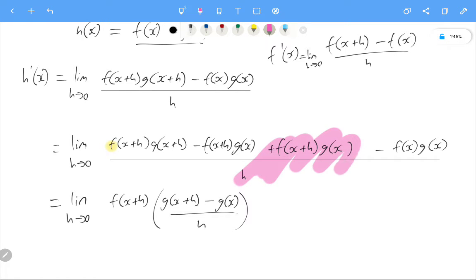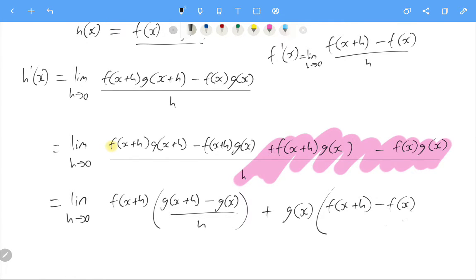Let's do it again, but now for the purple section, the pink section. So we're going to get plus, what's the common factor here? Well, we don't have a common factor of f of x plus h, we've actually got a common factor of g of x. So let's take out the common factor of g of x. What are we left with on the inside? f of x plus h minus f of x all over h.